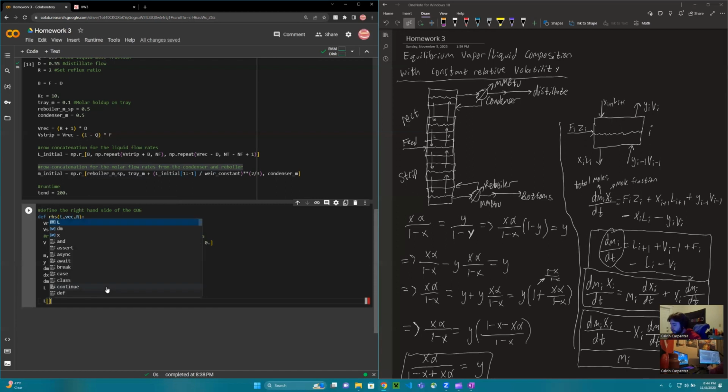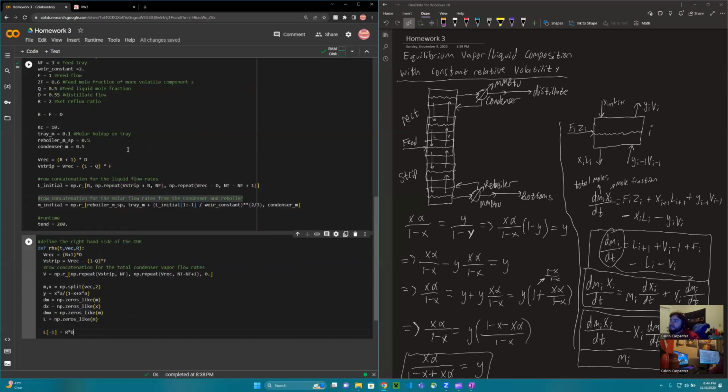L of -1 equal to R times D, so reflux times your distillate as we defined above.